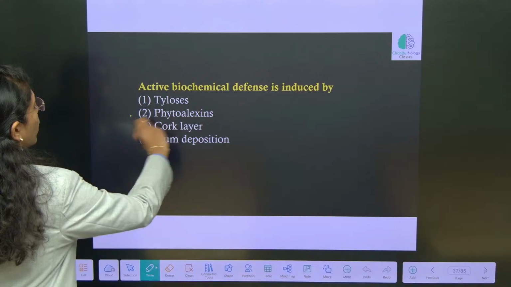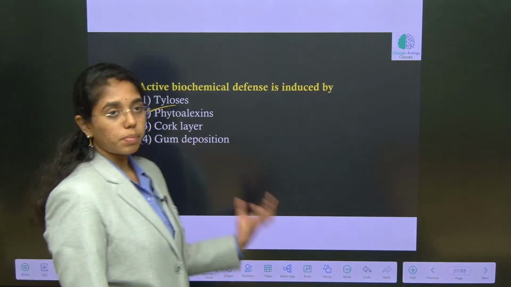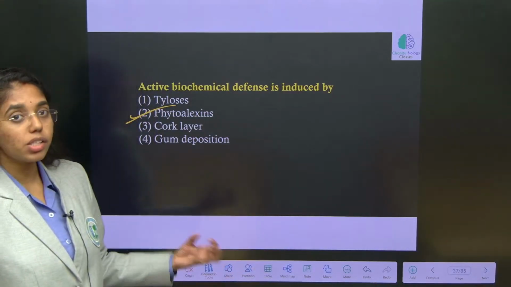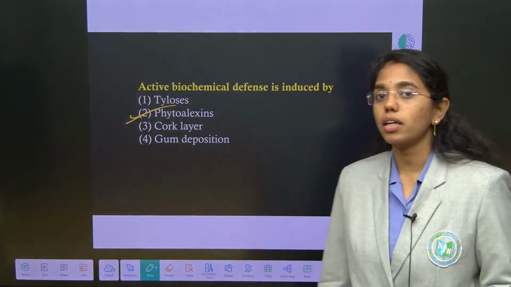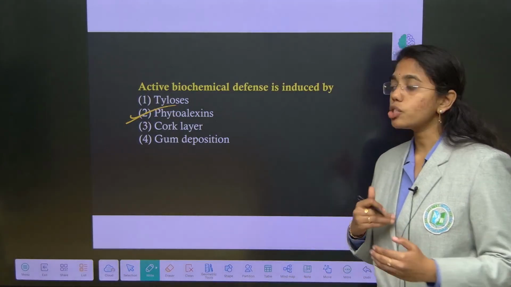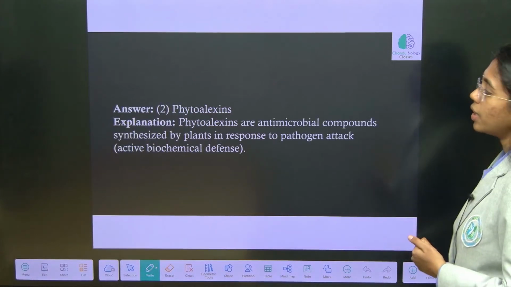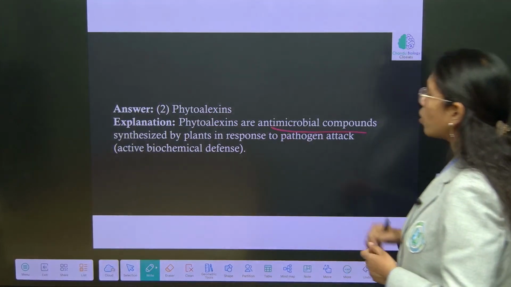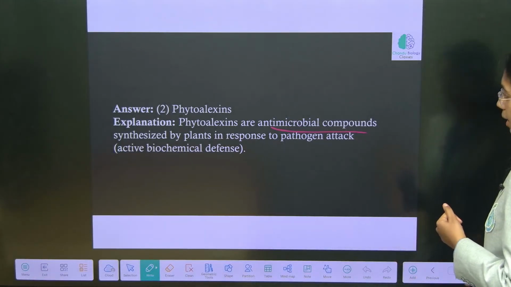It is phytoalexins. Phytoalexins are the chemical substances which are released by plants in response to pathogen attack caused by the organisms. Plants will be releasing out what? Phytoalexins. You can see the theory also. Phytoalexins are antimicrobial compounds synthesized by plants in response to pathogen attack.